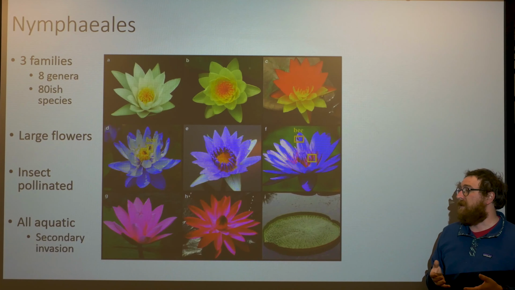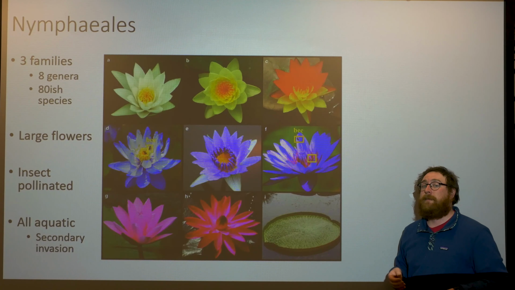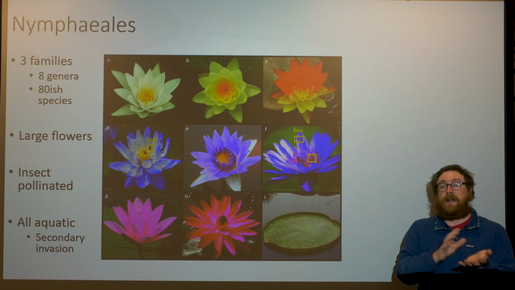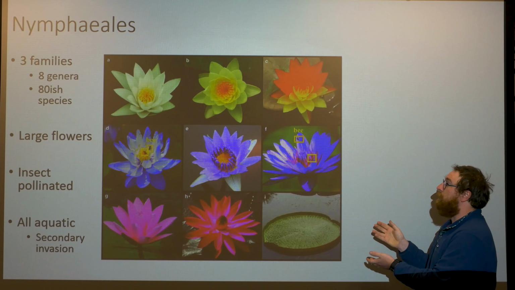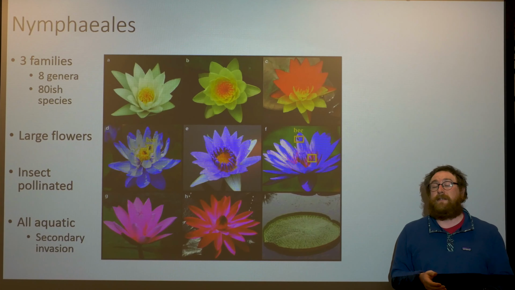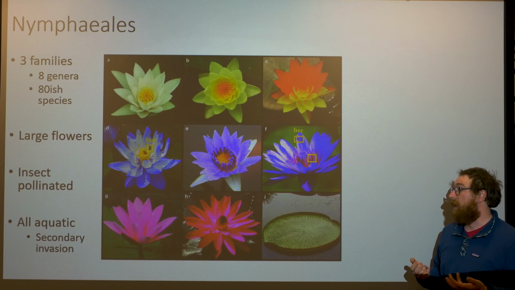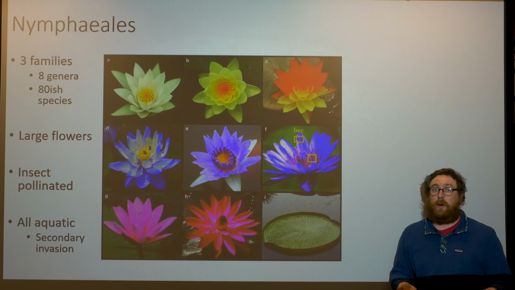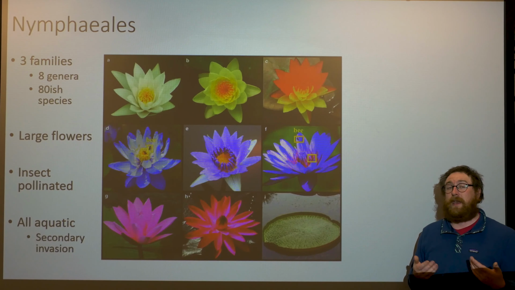Within this group, all of them are aquatic. So this represents a transition: plants came up onto land, and this group was probably one of the first to reinvade water and become aquatic again. This is what we call a secondary invasion, much like a lot of our aquatic insects.